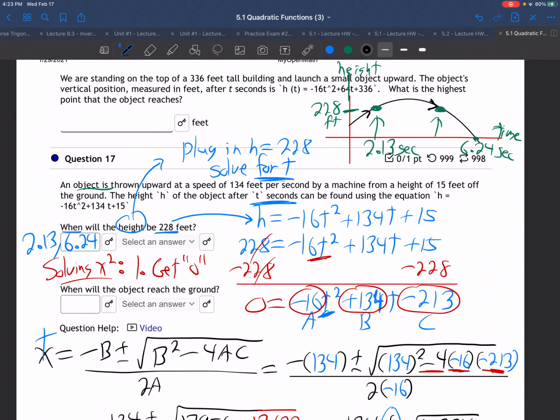So it hits those two heights, once on the way up, once on the way down. I could draw a line right there to make it more clear. Right, it hits a height of 228, once on the way up, once on the way down. Oh, I put the 6.24 in the wrong spot. Right here. Oh, whoops, the wrong tool.